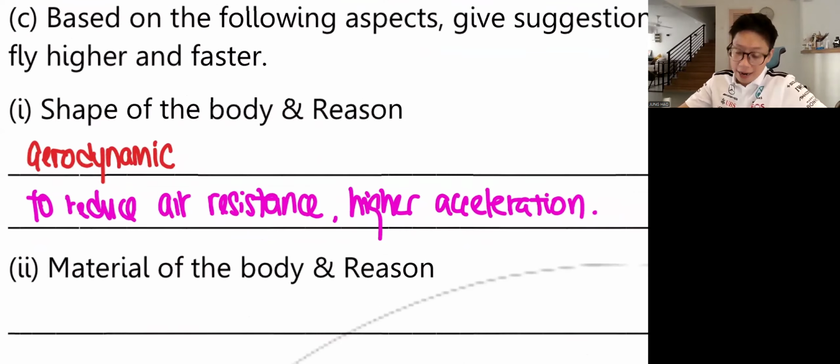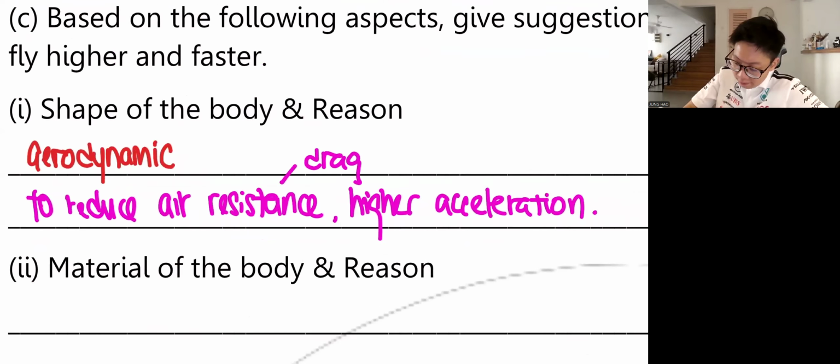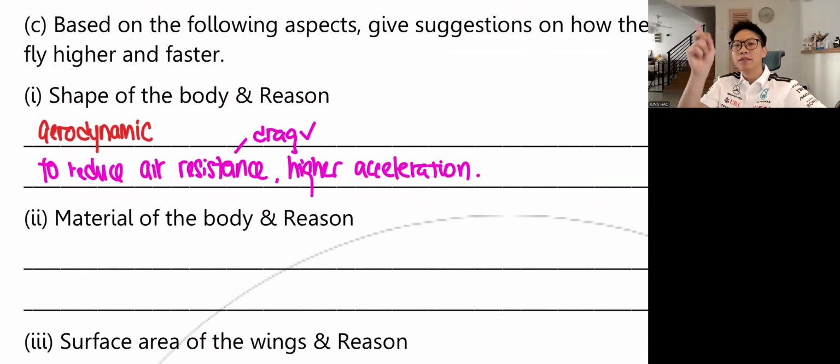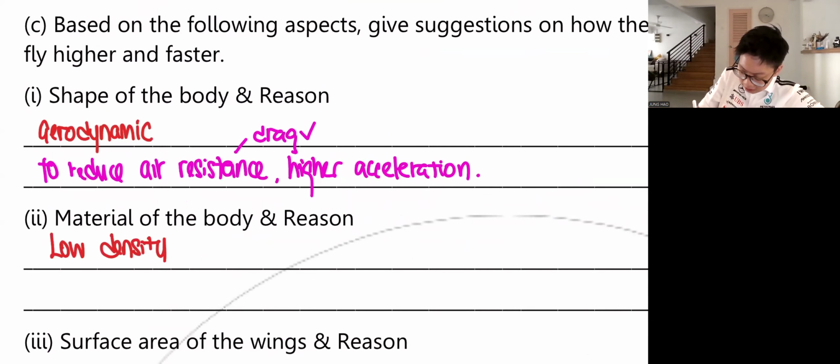Hey guys, I also allow if you write drag, it's okay. Okay, that's the problem. We do not write the name of the material. Okay, the best answer you can write is low density, guys.